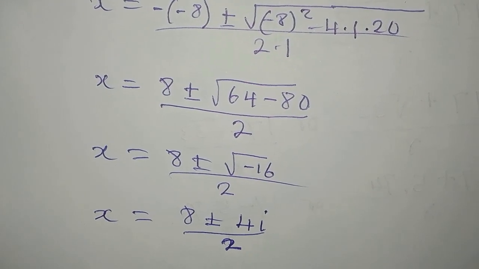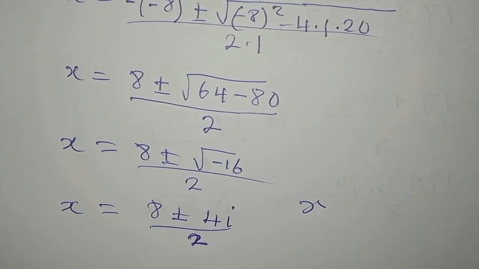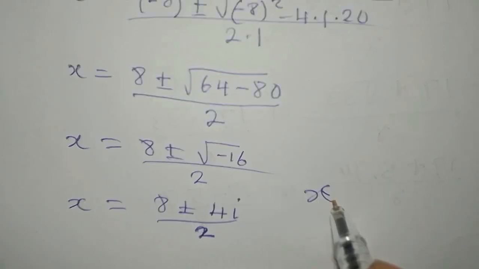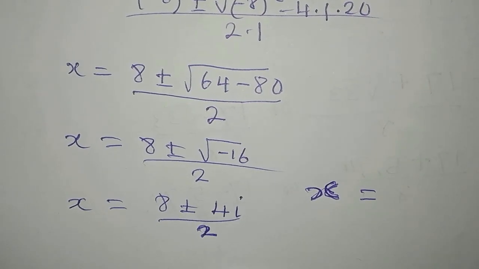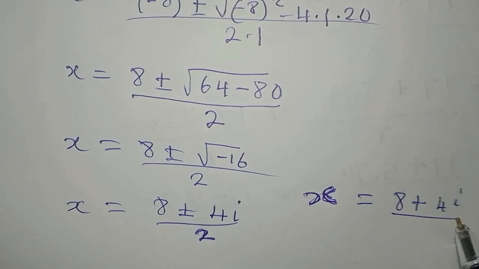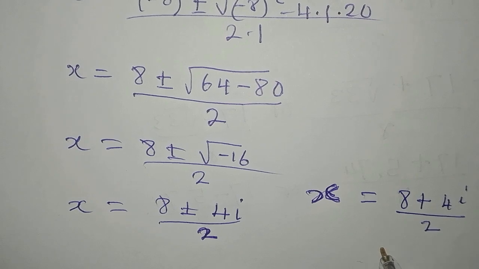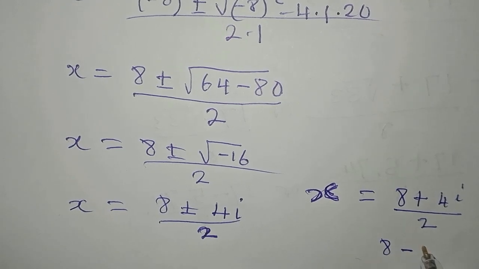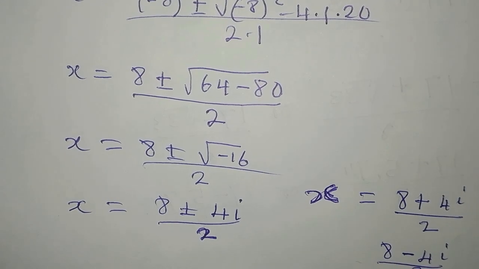So what am I going to do? This is to say that x is equal to 8 plus 4i over 2, or 8 minus 4i over 2.